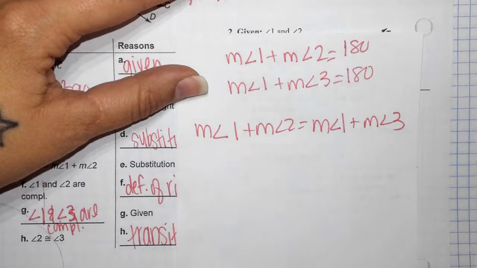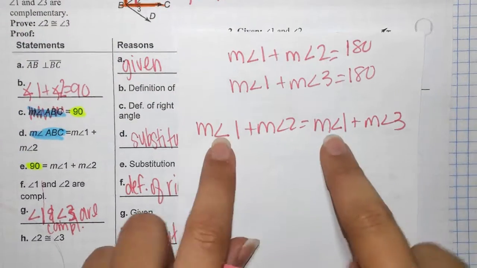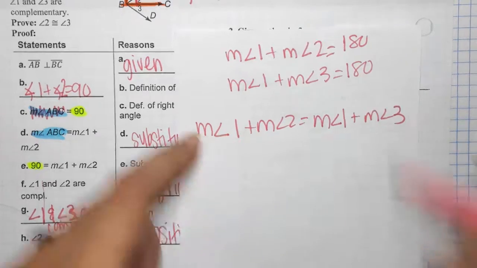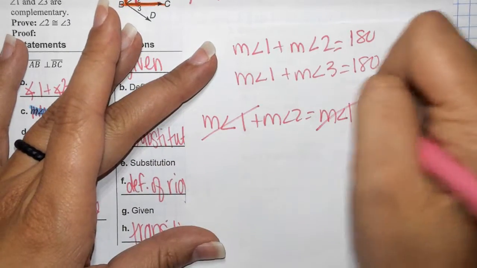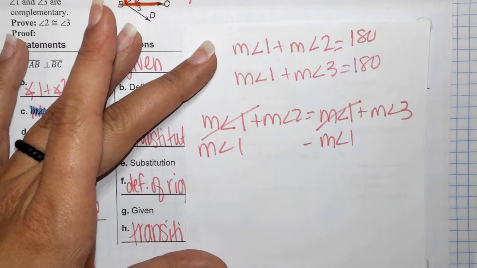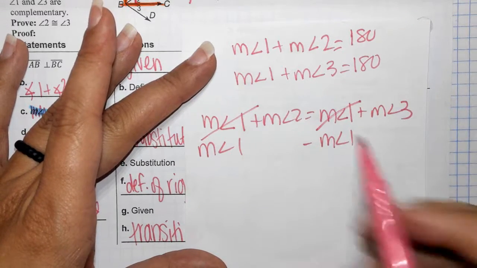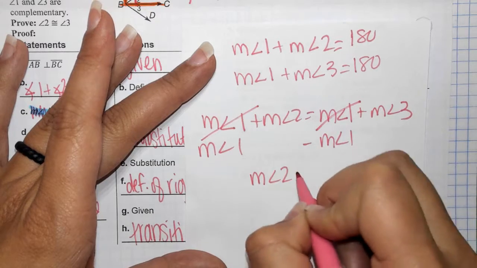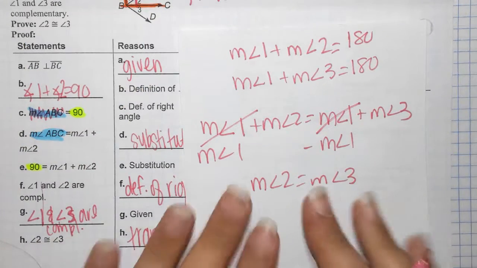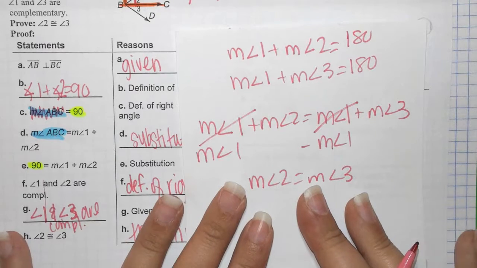Now from there, I cancel out the measure of angle 1. How would I do that? You subtract it. You get rid of it. It's gone. We don't care about it anymore. What is left over? Angle 2 and angle 3. And that is true. Does everybody understand what we just did? Yes.